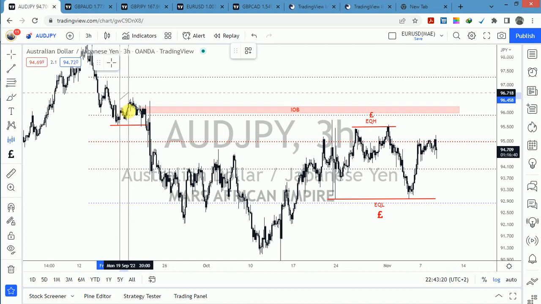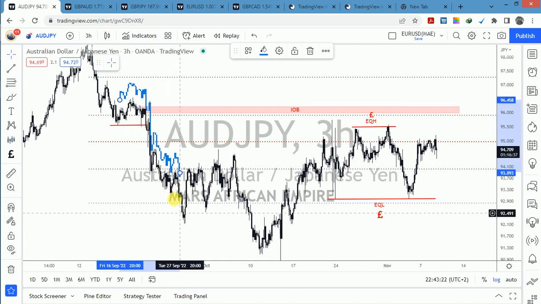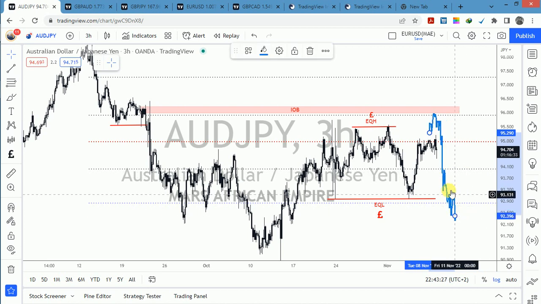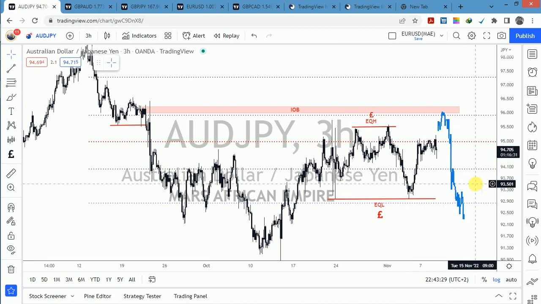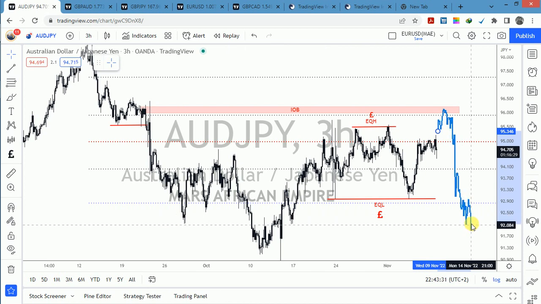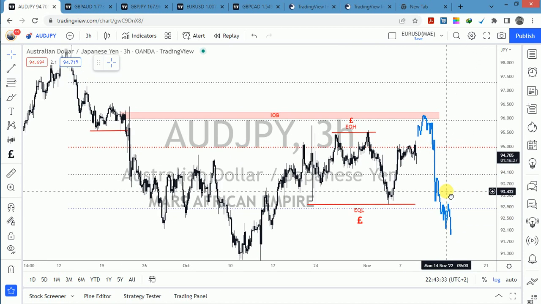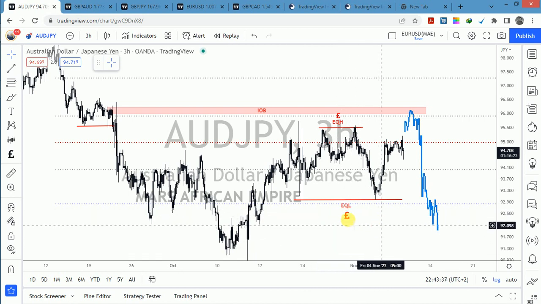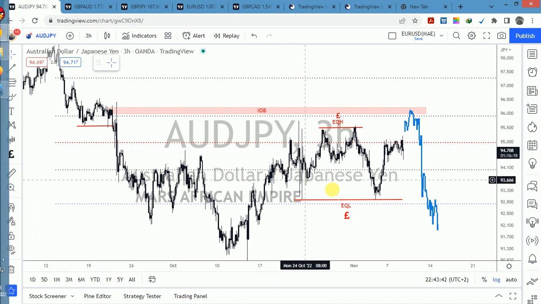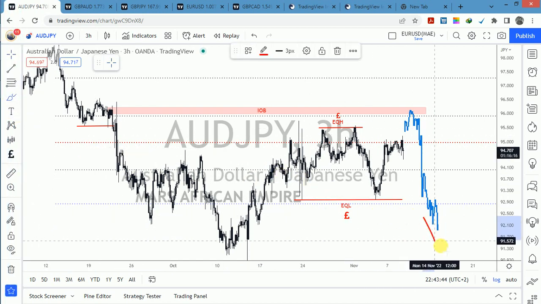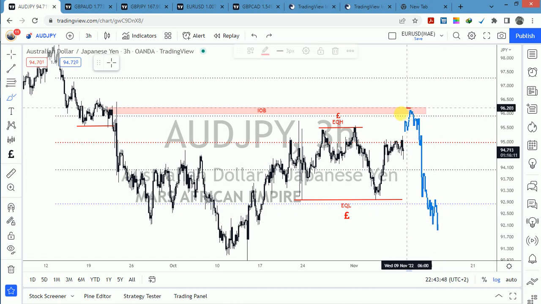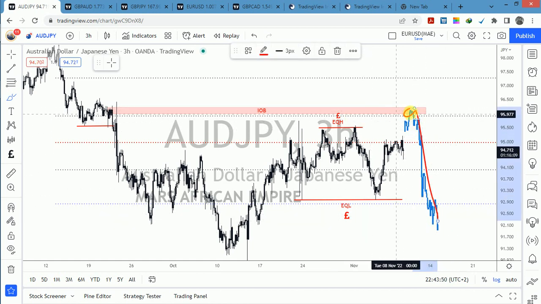We're going to have something like this, and then going down, we still need to take out the liquidity below. After we do that, that's when we can think of going up. But we'll look into that once we manage to drop from that order block.